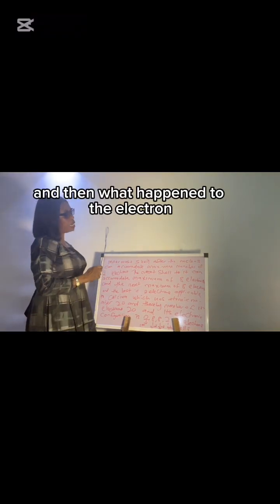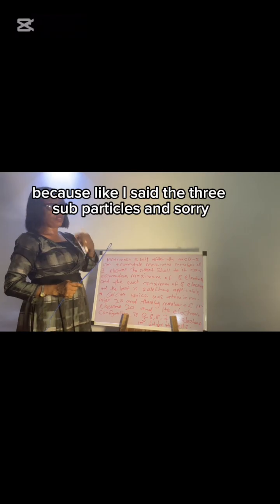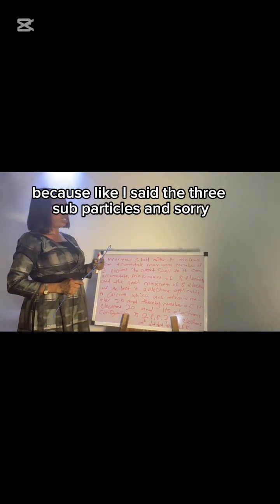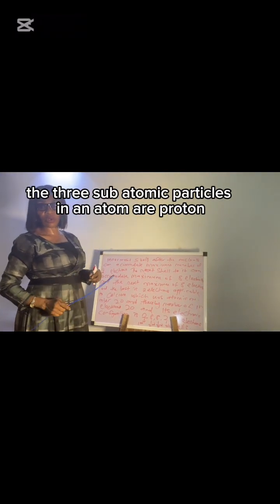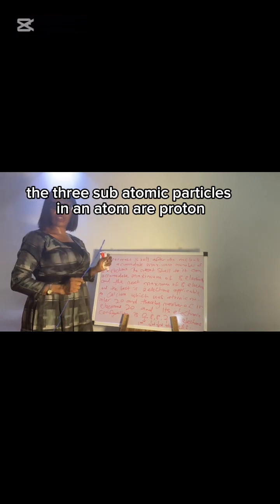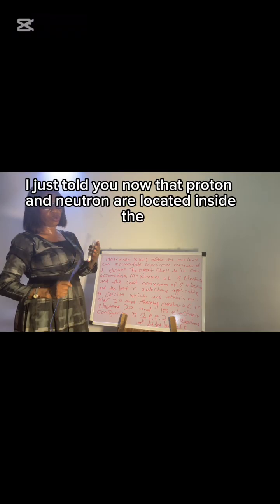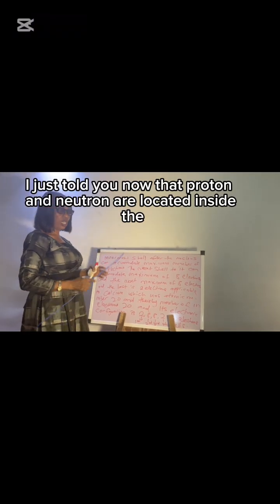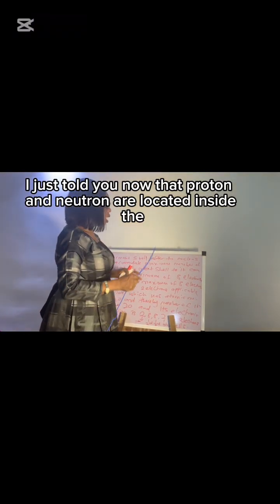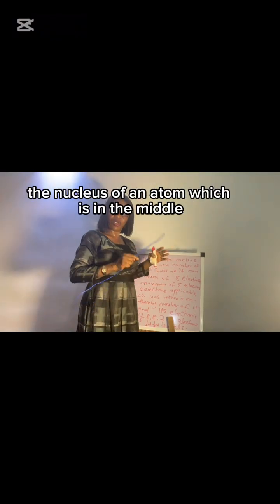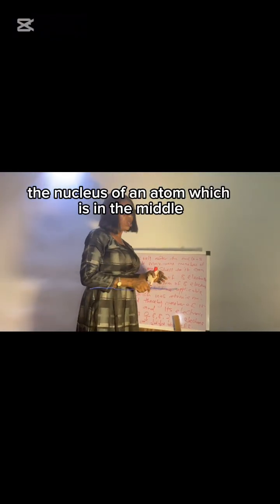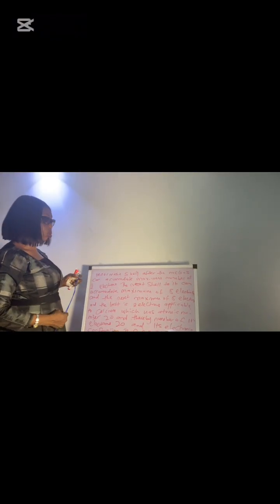And then what happens to the electron? Because like I said, the three subatomic particles in an atom are proton, neutron, and electron. Proton and neutron are located inside the nucleus, which is in the middle. Now, what happens to the electron?